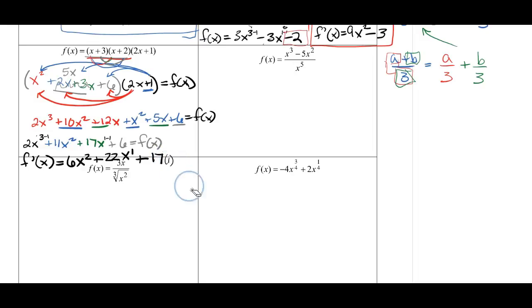I don't need to write that, but we'll remember that when we take the derivative of x, it goes away, it becomes 1. And then the derivative of my constant 6 is 0, so I don't need to write that. And this is my derivative.